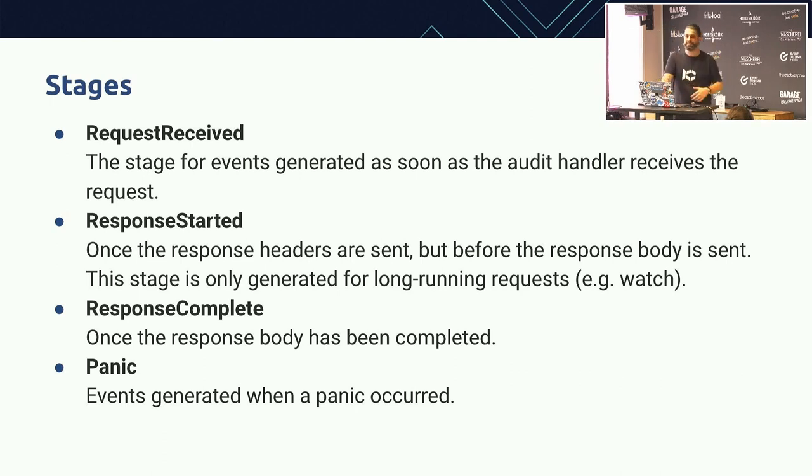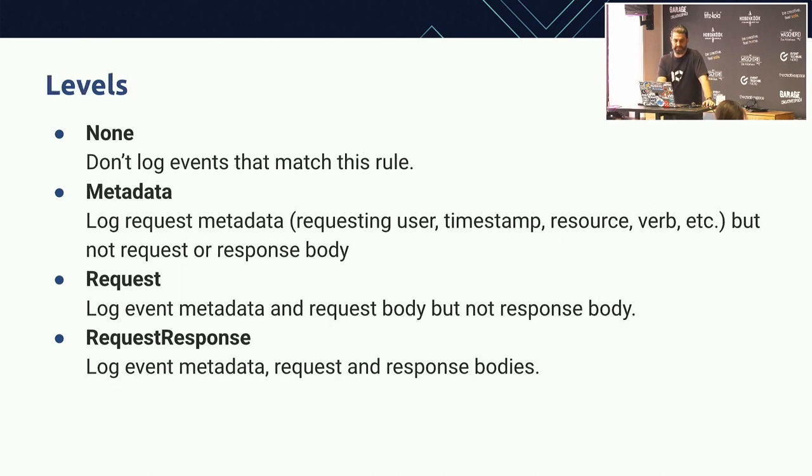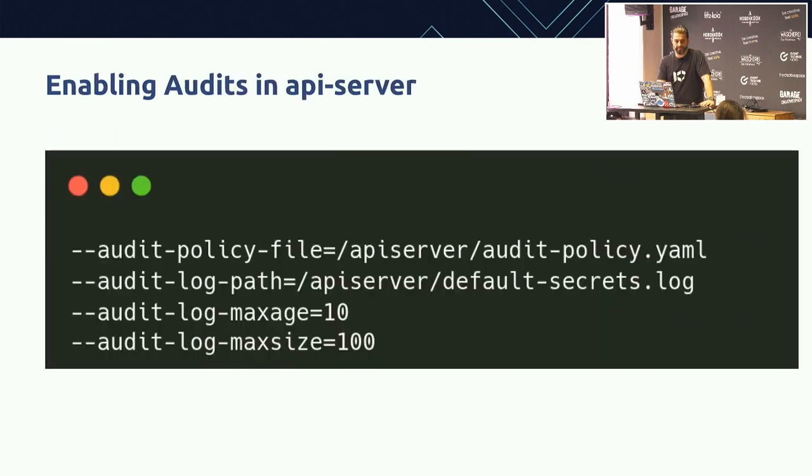But at least reading secrets, deleting secrets, that sort of stuff should be audited in your cluster. To enable audits in the API server, you basically provide the audit file, where to log, the min stage, and max age and max size for your logs.